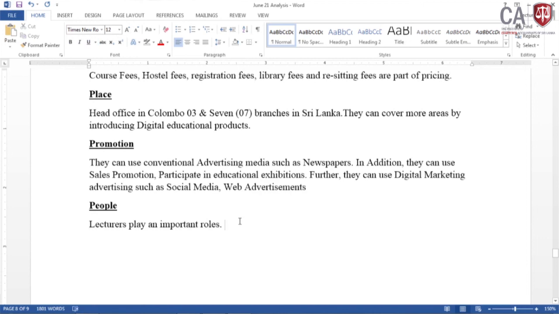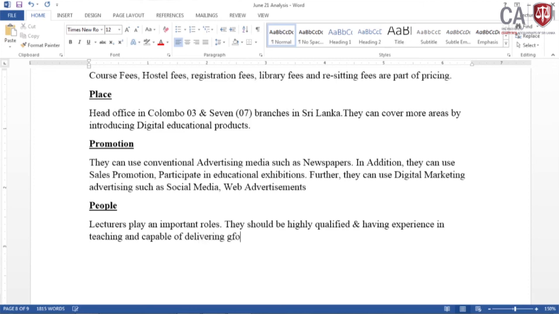So it is important they should be highly qualified and having experience in teaching and capable of delivering good presentations to the students.